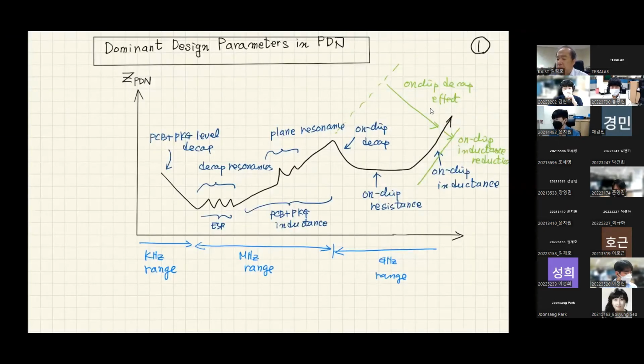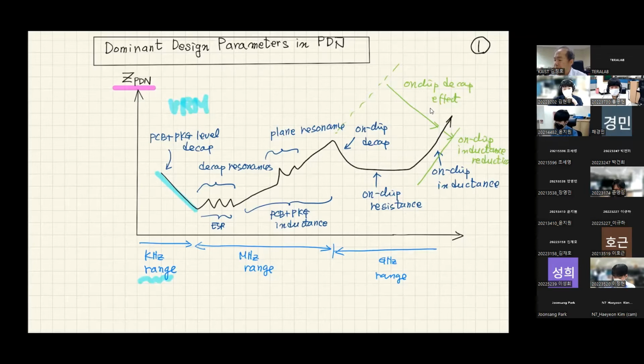Once again, I would like to review the overall feature of PDN impedance. As we have discussed previously, in the kilohertz range, PCB and package level VRM decoupling capacitors are very responsible and effective to bring the impedance down to low impedance.